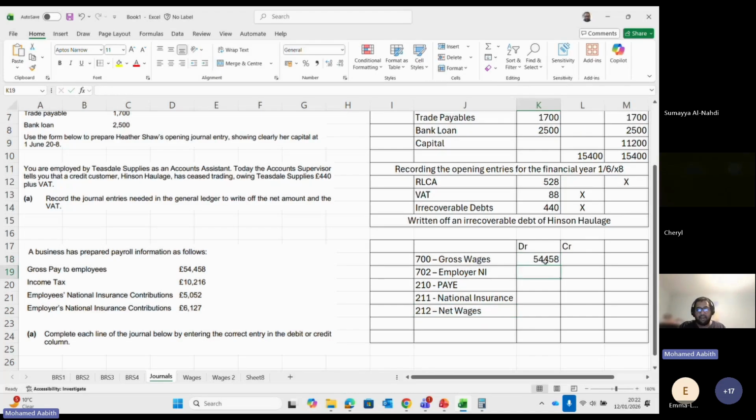54458. That is your debit entry. How much is your national insurance employer's contribution? 6127. But now remember, guys, these two numbers basically mean this is your wages expense. So now both of them are 700 codes there.